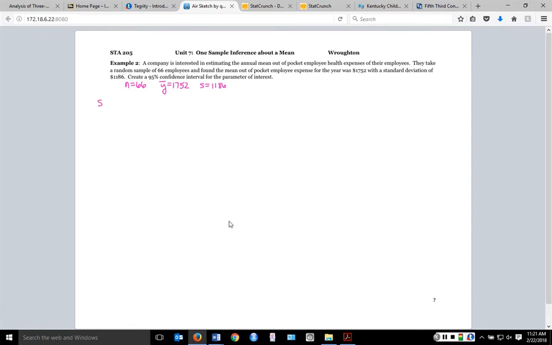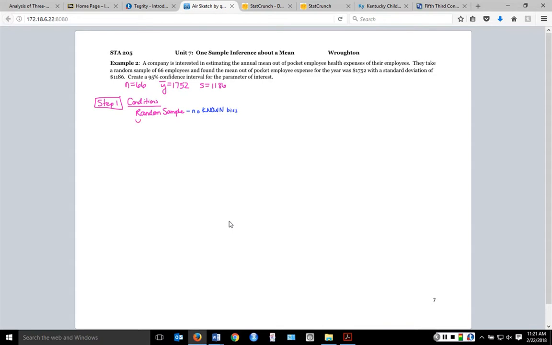Alright, so for our first step, we're going to check our conditions here. So first, checking to see if we have our random sample. And it just says I took a random sample of 66 employees. Again, I don't know how they actually chose those specific 66 people, but from at least what I know, there's no known bias here.